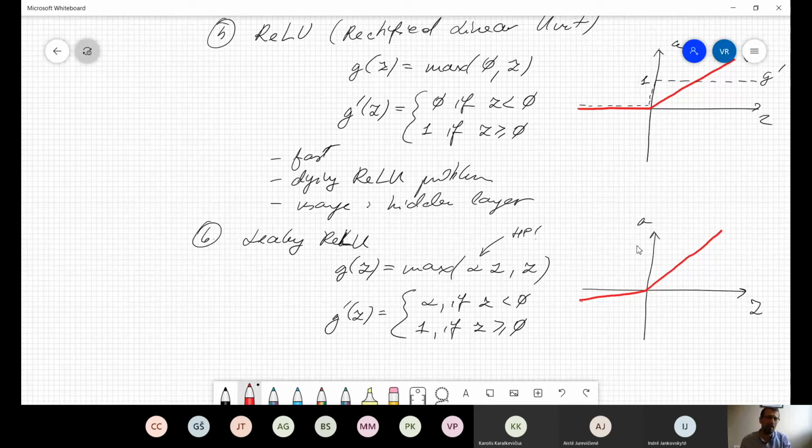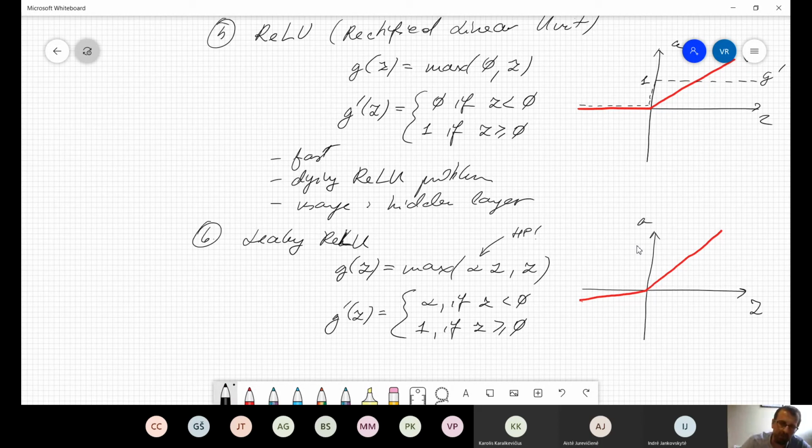It leaks like alpha. As you have seen, there is delta multiplied by the derivative of the activation function and then multiplied by something else. So this alpha allows some small value to leak through this neuron during backpropagation.